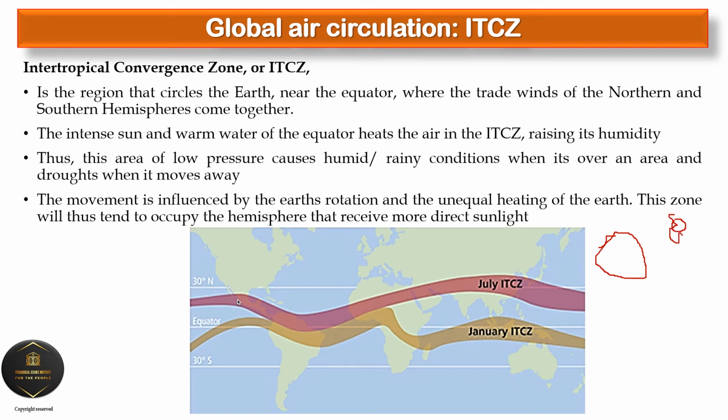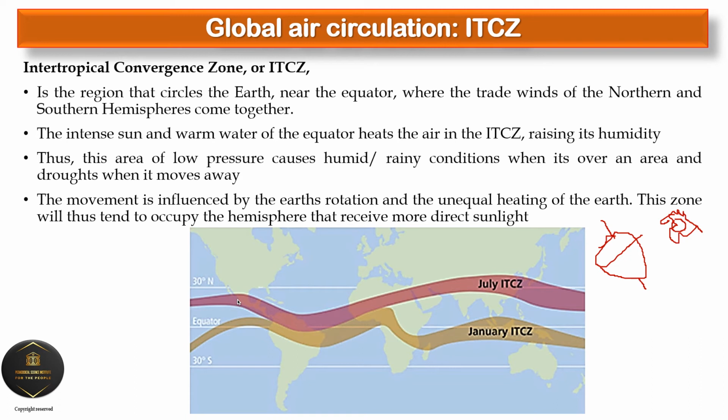And this is the Sun. Now, if you have the Earth and the Sun over there, you must remember that the Earth is at a tilt, and it means that the equator will be skewed in that direction.